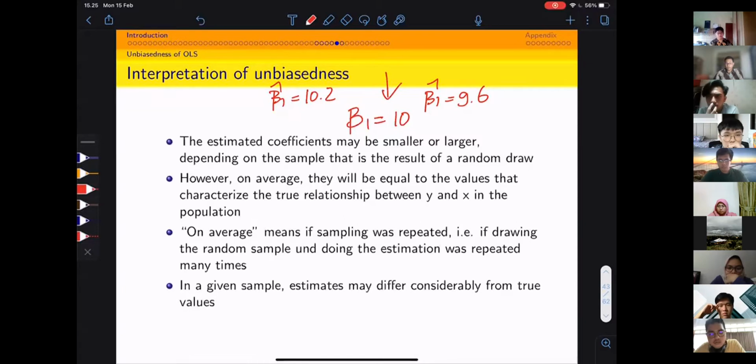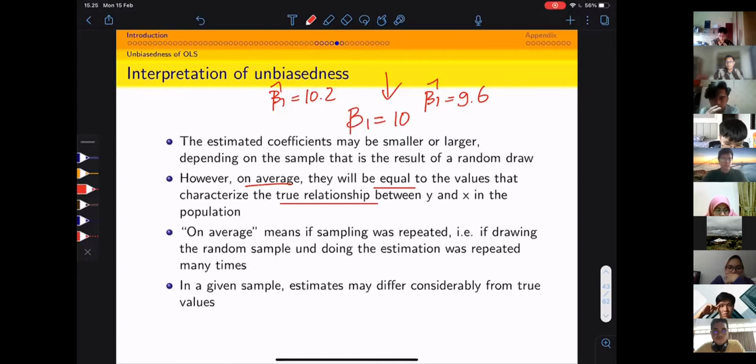On average, they will be equal to the values that characterize the true relationship between Y and X in the population. Now, the question is, can we do multiple random sampling? The answer is no. You just take one random sample, and from that random sample you get an estimate of beta 1 hat. And that beta 1 hat provides you with a measure or an indicator of the true value of the parameter.